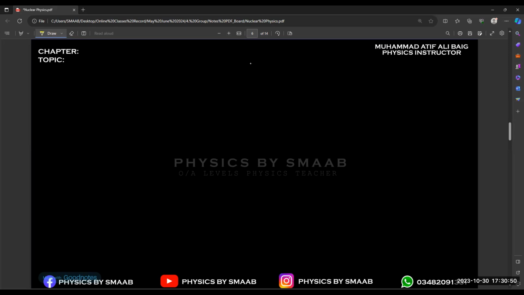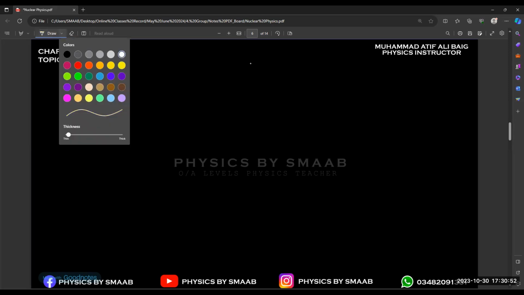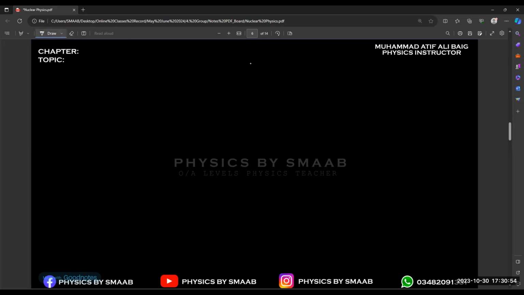So if we start talking about their properties, their structure, their symbol, the first column is for their properties. And there are three different elements: alpha, beta, and gamma.